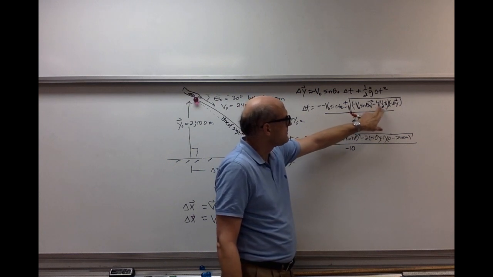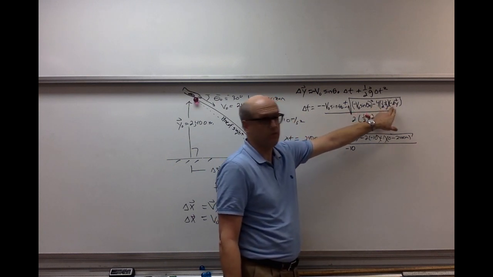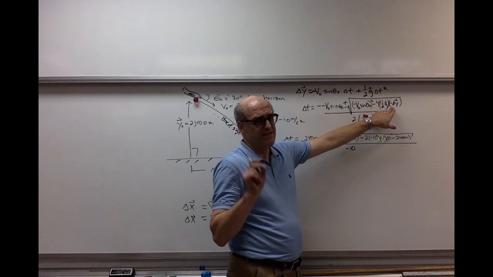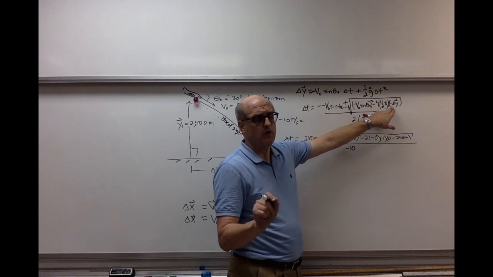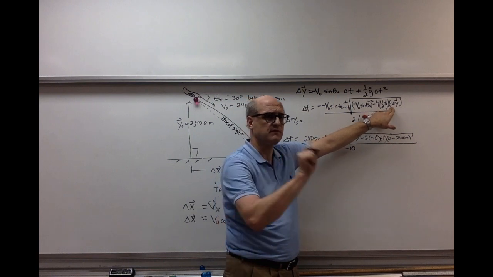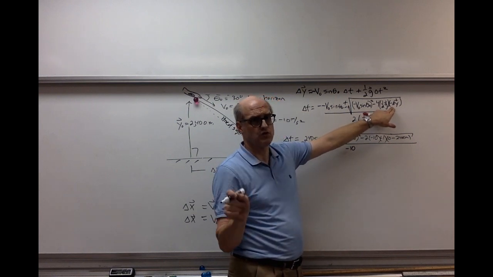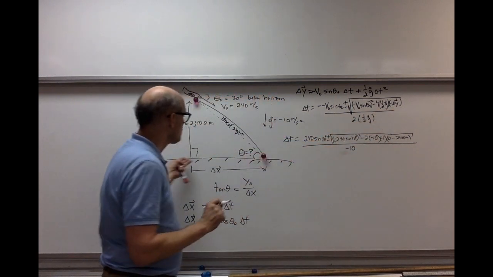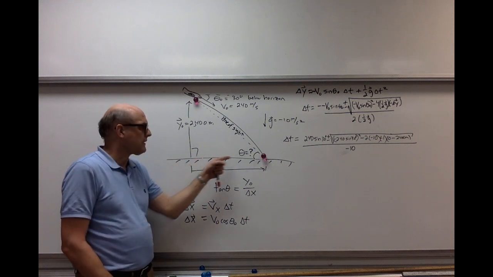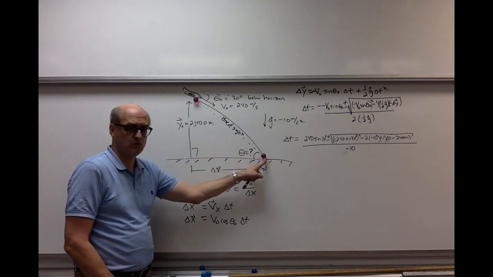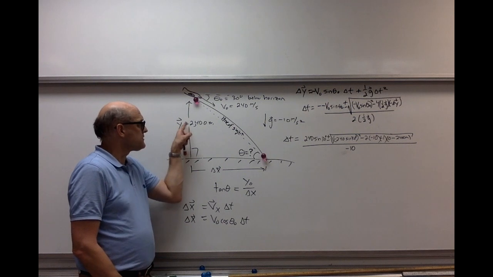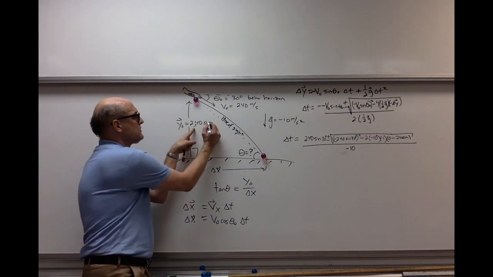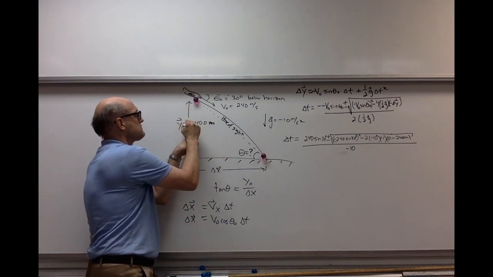This is the coefficient A, and this is the coefficient C. Coefficient C is negative delta y, the negative of the vertical displacement. But the vertical displacement is the final position minus the original position. In my drawing, I had the final position at 0 meters, and the original position is 2,400 meters. Okay, and that's up, so that's positive.